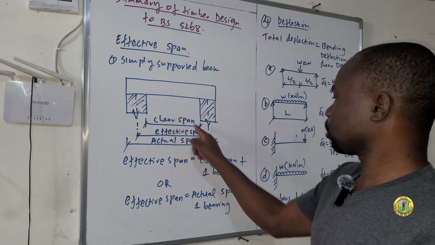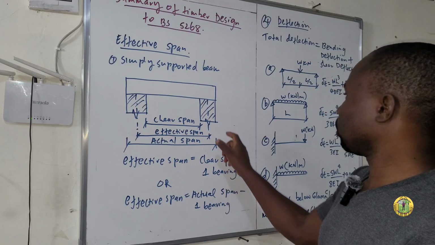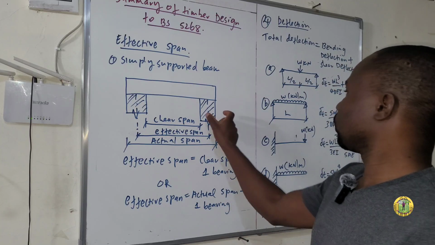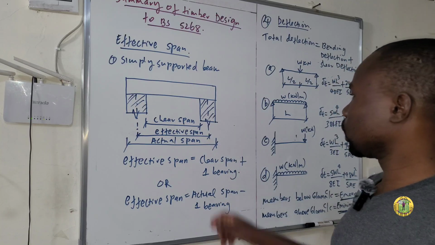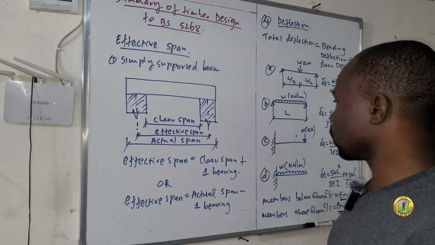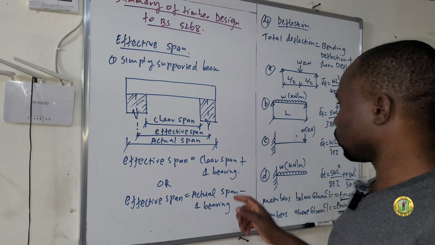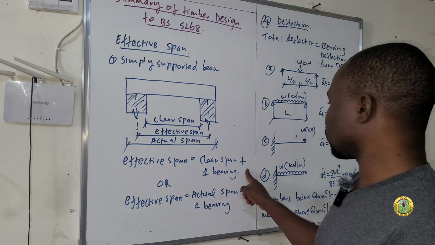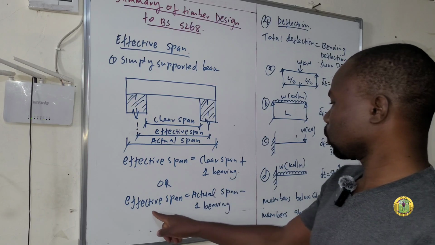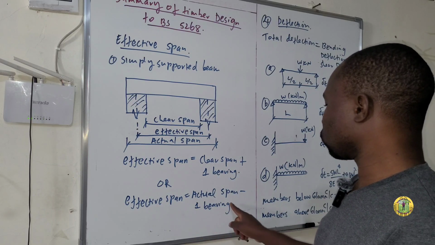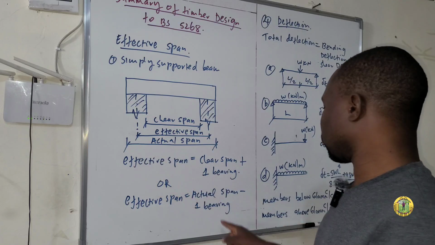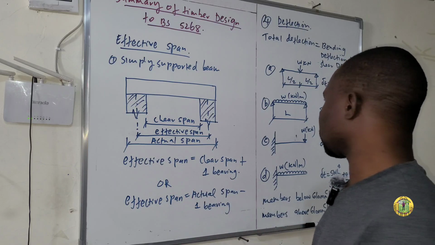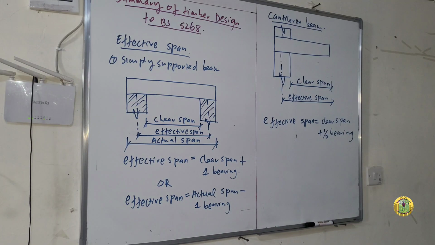One bearing is the thickness of this wall or column, which I have already shown you. Or effective span is equal to actual span, from here to here, minus one bearing, like that.